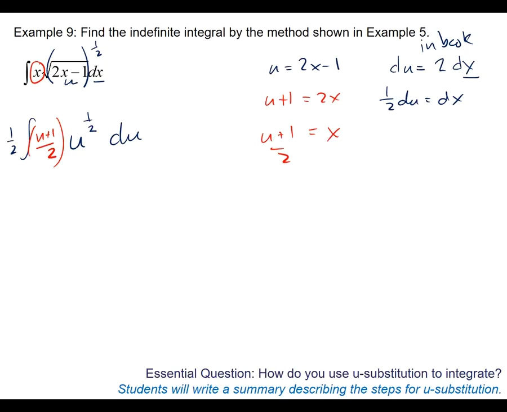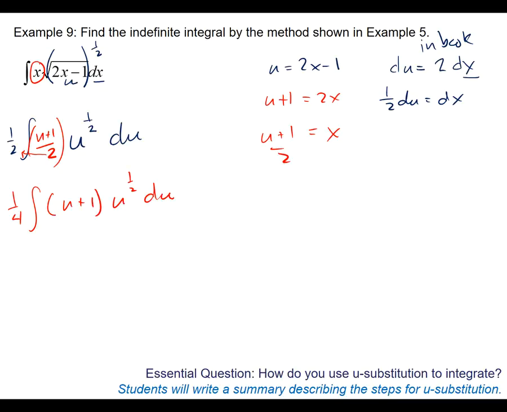We're going to do some algebra. I'm going to clean this up a couple steps before I integrate it. Couldn't I take that 2 and move it out front with the other 2? So in front I'm going to have 1/4. And now I've got u plus 1 times u to the 1/2 du.